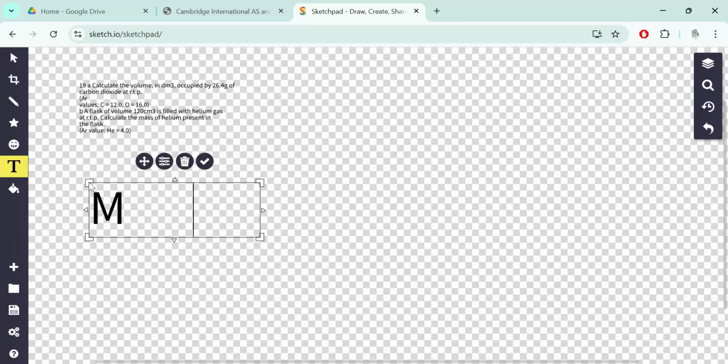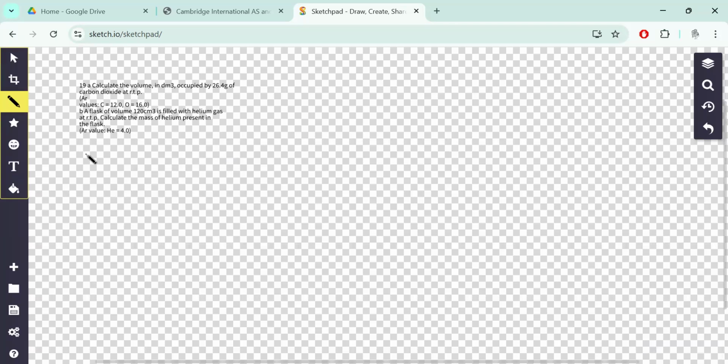So the Mr value of carbon dioxide: the Ar value of carbon is 12, so we input that 12 and then plus the Ar value of oxygen, which is 16.